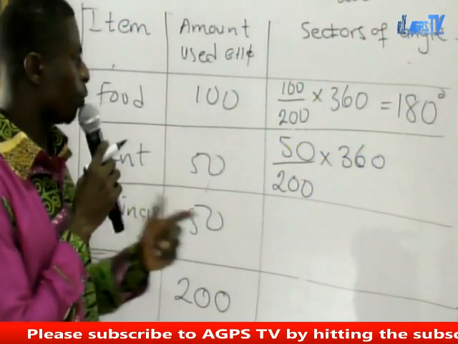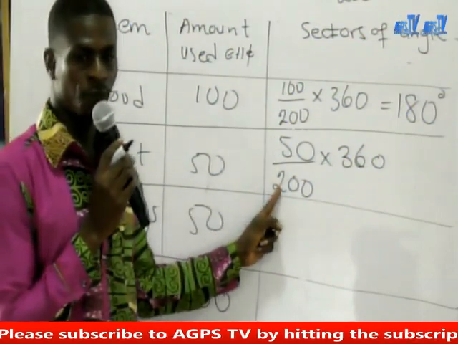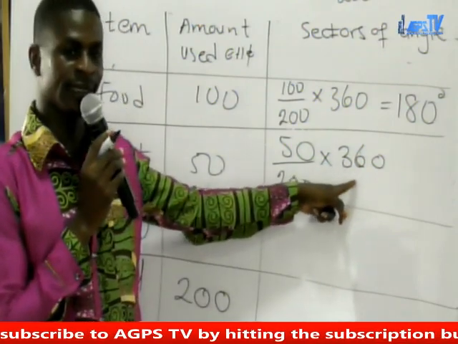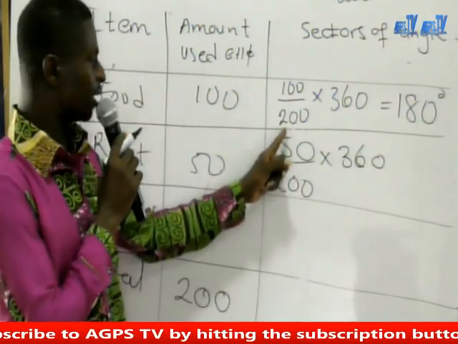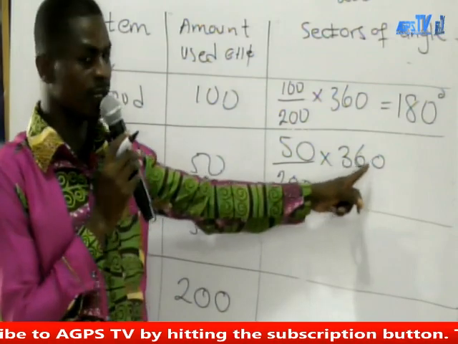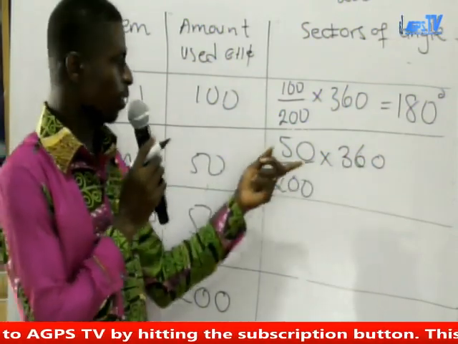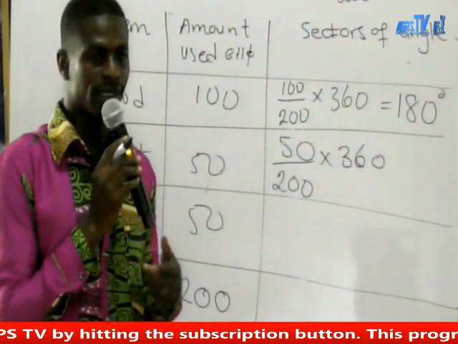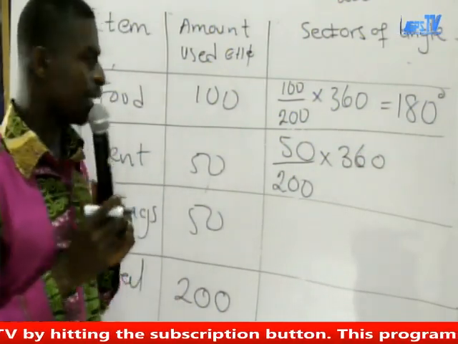Once again, 50 will go into 200 four times, and 4 will go into 360, 90. So we have 50, 200, and then we multiply by 360. 50 into 200 is 4, and 4 into 360 is 90.